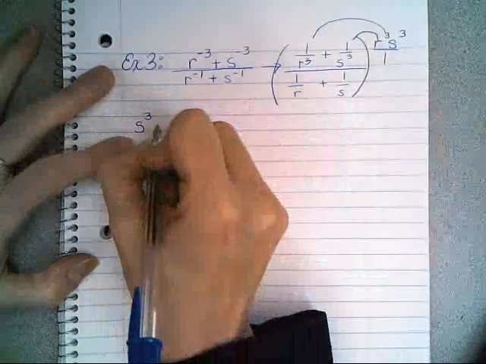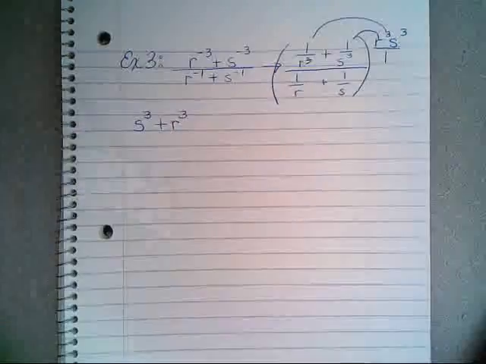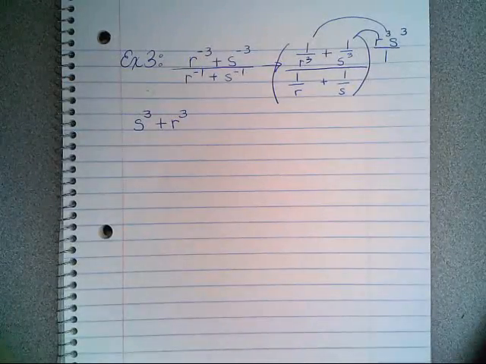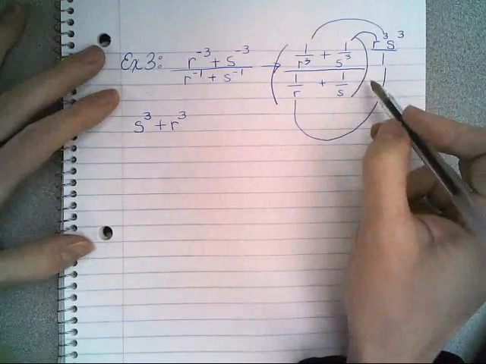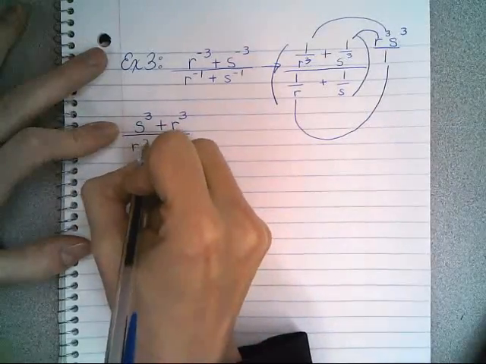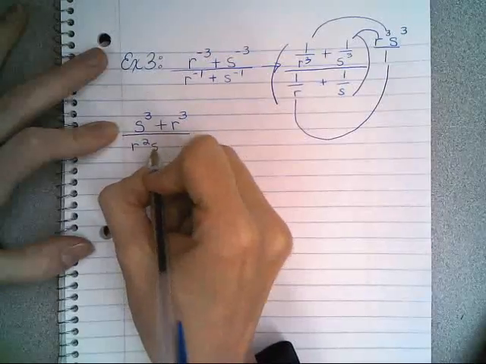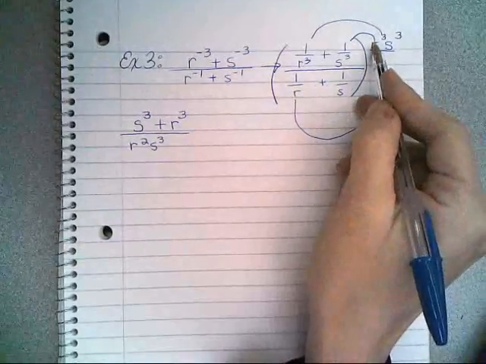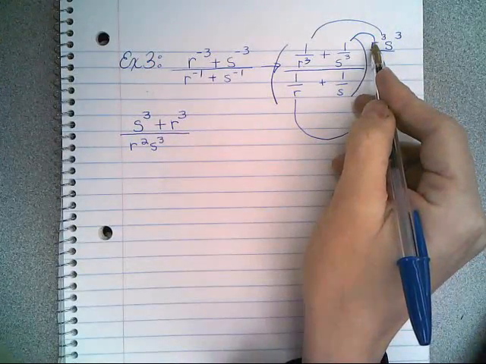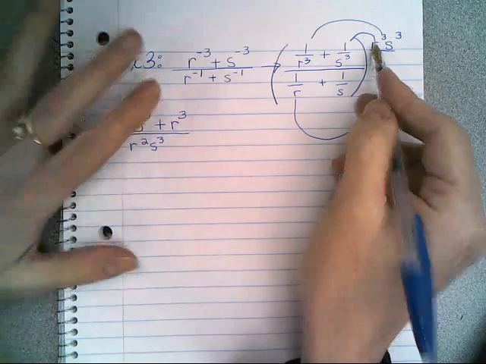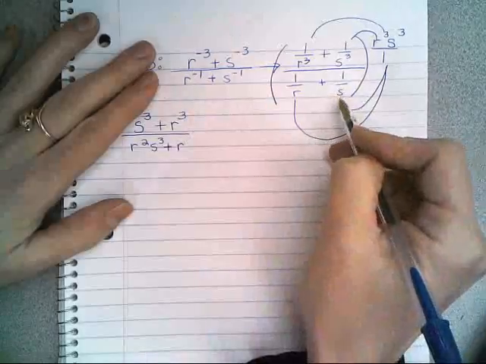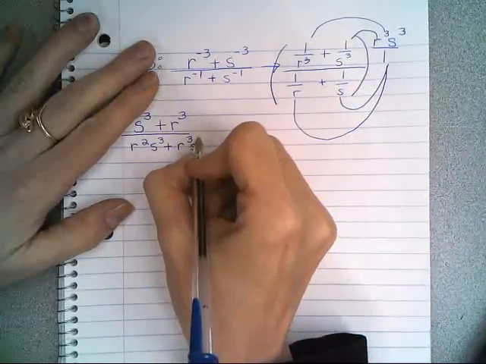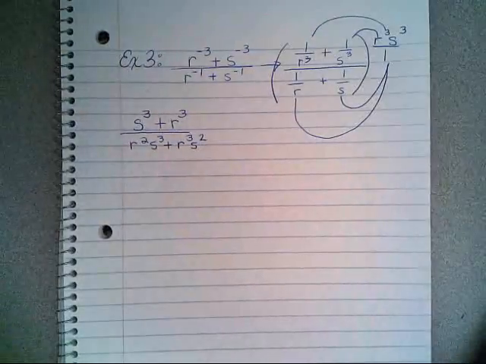Multiply here by here, you end up with R cubed. Looks like a sum of cubes situation. Down here, multiply, you end up with R squared S cubed because one of the R's canceled. And here, positive R cubed S squared, nothing canceled there.